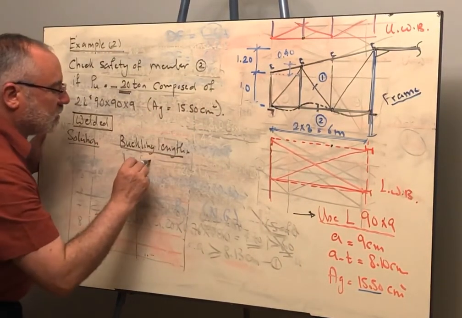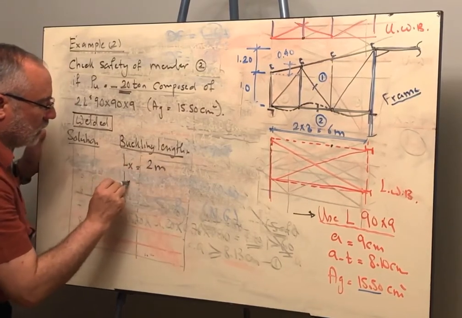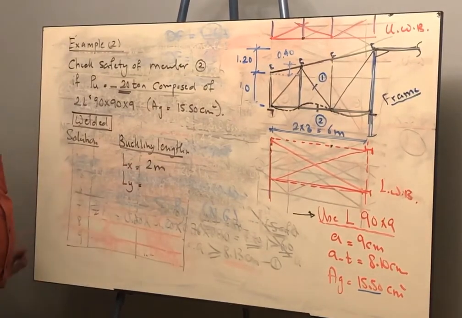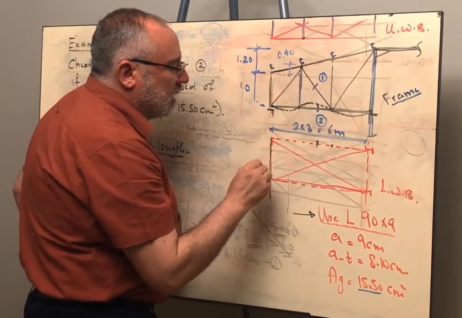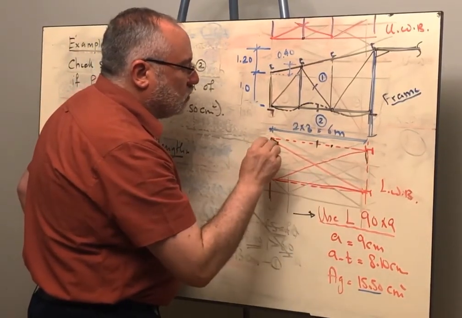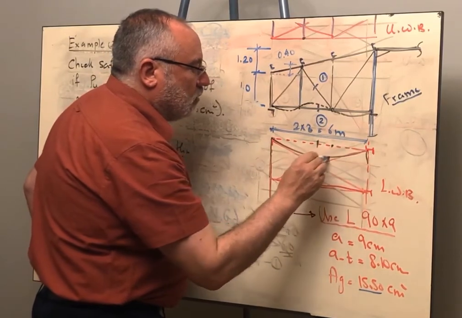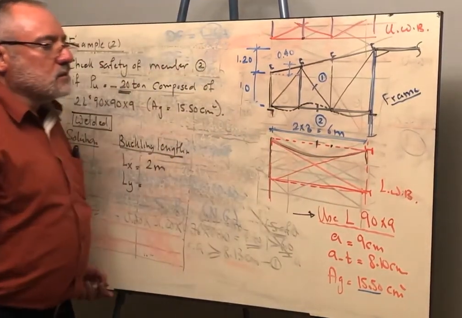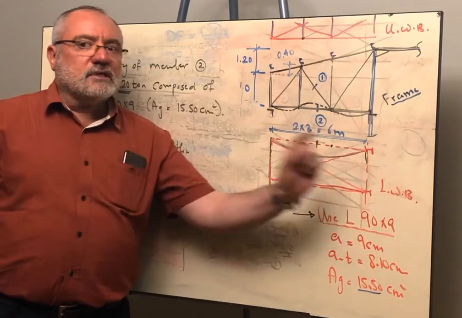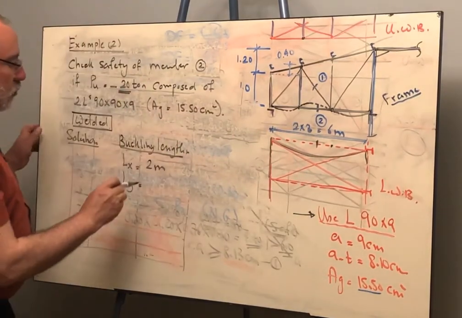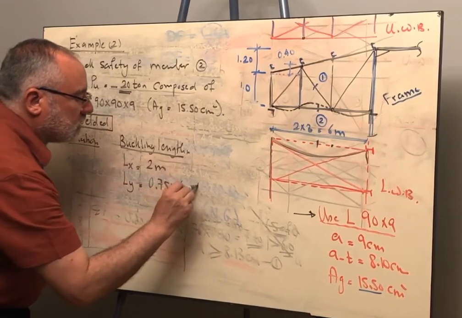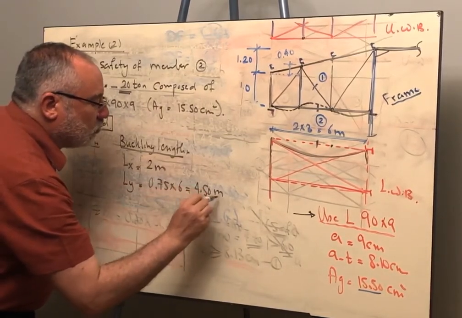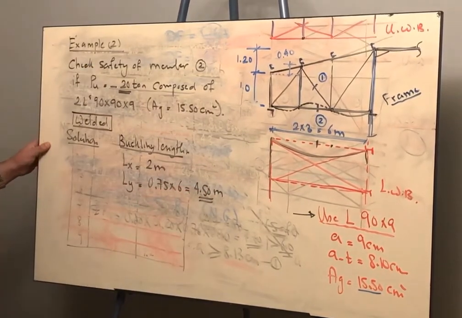Therefore, the buckling length is 2 meters in the in-plane. In the out-of-plane, this member is only braced at this point and this point, so it should buckle this way. But the Egyptian code told us you have to take 75% of that length. Therefore, we take 0.75 multiplied by 6, then it is 4.5 meters.